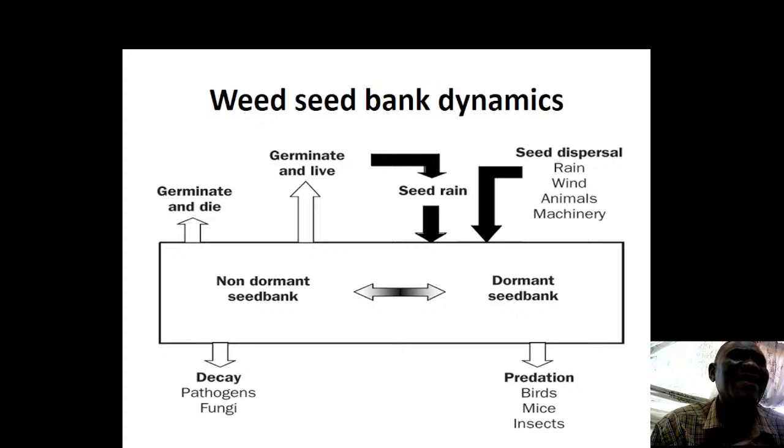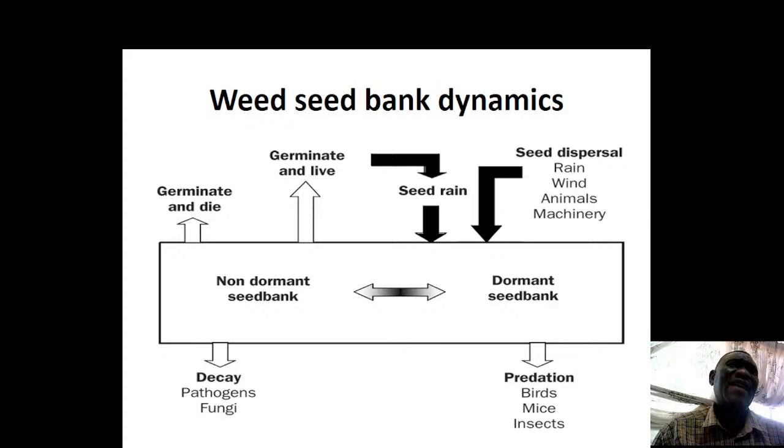So non-dormant seed bank can give rise to germination. After germination, some plants can actually die and not produce seed. But others which can produce seed, through the seed rain or a dropping of the rain of the seeds, the seed can enter into the system.